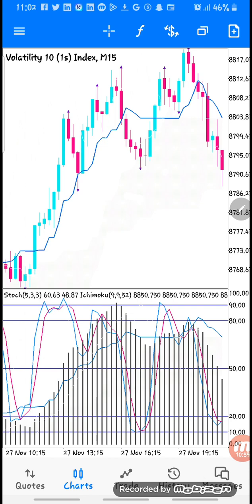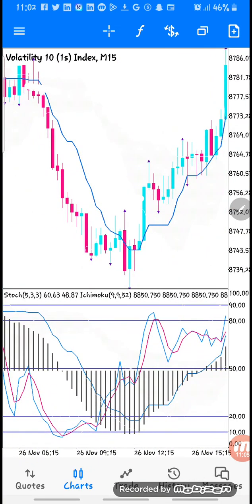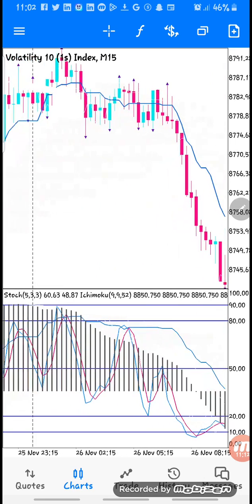So just try it on your demo and see how it is, and let me know what you think, and then from there we can see where we can throw more light for perfection.